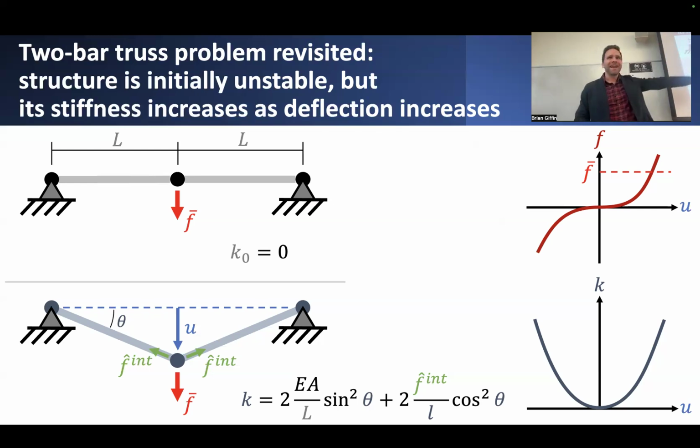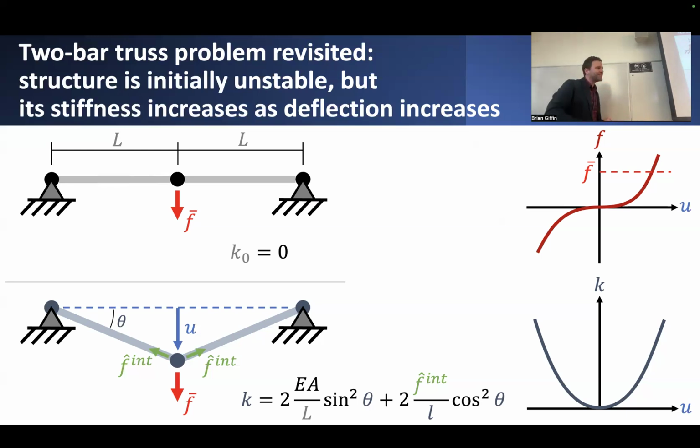The slope of that S-shaped curve is initially positive until it reaches this inflection point where the slope is 0, but then it goes back up and starts becoming increasingly positive. That's why we have this curve that looks like a U or a parabolic shape. Farther away from this initially straight configuration, you have increasing apparent stiffness of the system, but close to its undeformed configuration, it appears to have 0 stiffness.